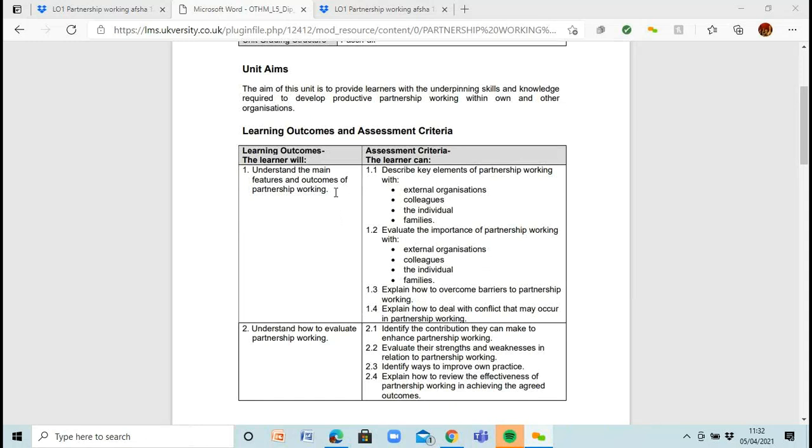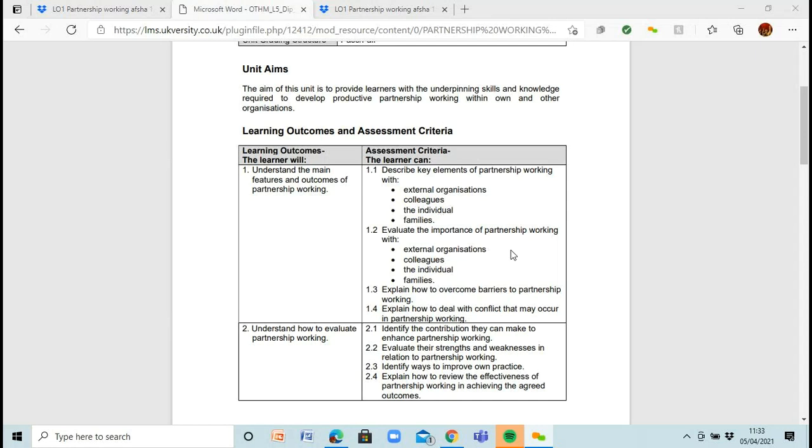Today, we're looking at learning outcome 1, which is understand the main features and outcomes of partnership working. So you've got 4 assessment criteria in here. So 1.1 is describe key elements of partnership working with external organizations, colleagues, individuals, and families.